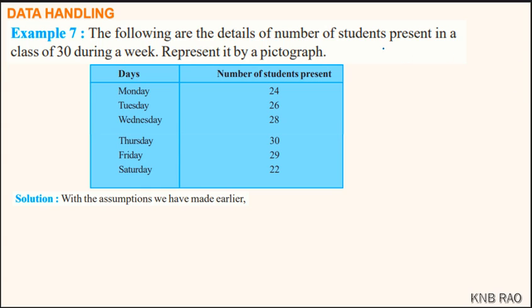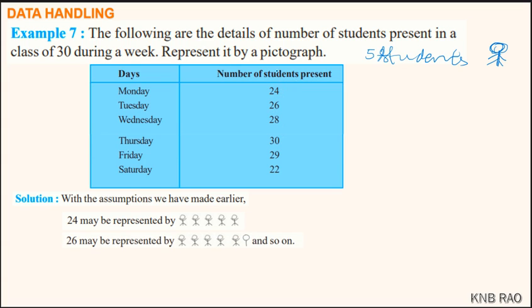So, we can have 5 students represented with the symbol, a simple figure. I just took a simple figure with this symbol. 24 students on Monday can be represented with 5 symbols, 5 fives are 25, which is very near to 24.